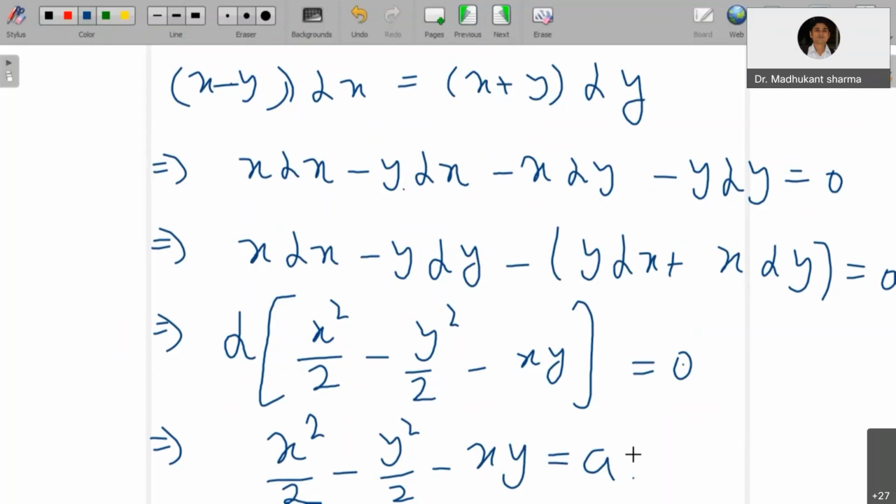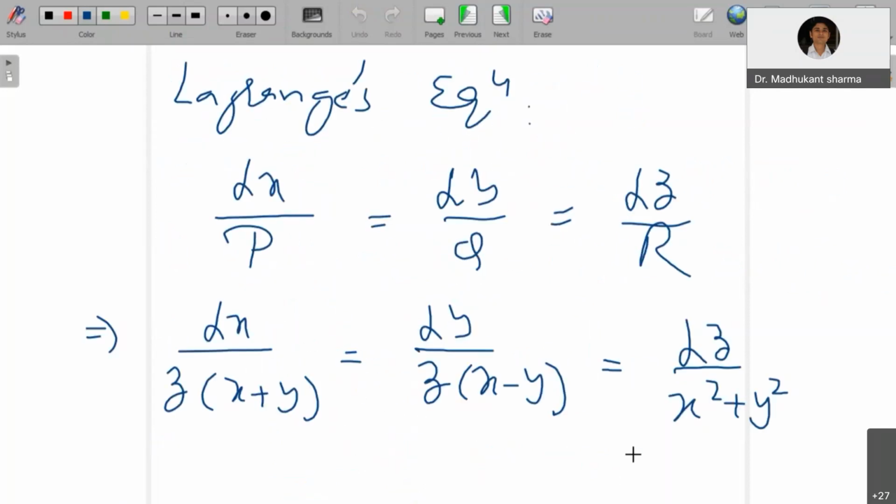Since you have x square plus y square here, these problems can be handled if you do a lot of practice, to know which way you have to go.